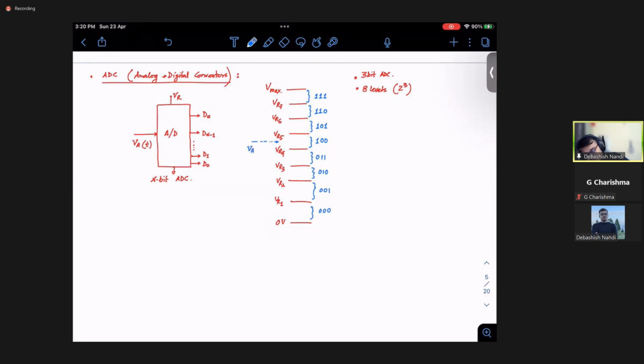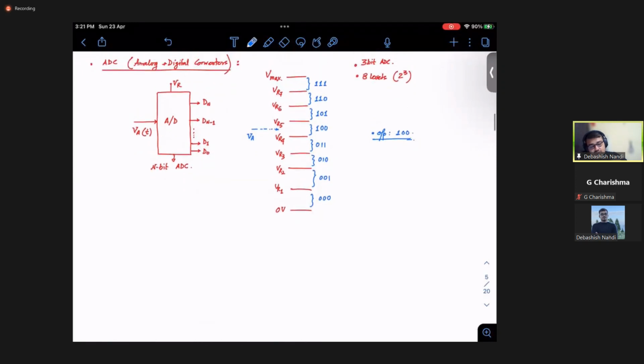This is your VA level. So what will be the output of your ADC? The output of your ADC would be 100. Fine. So you have converted your analog signal of a certain voltage to a digital bit stream of 100. That is the main agenda of your ADC.